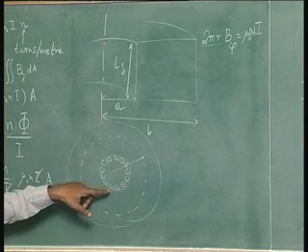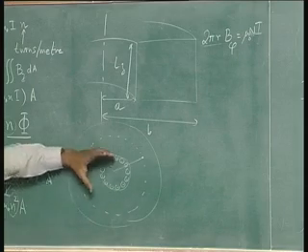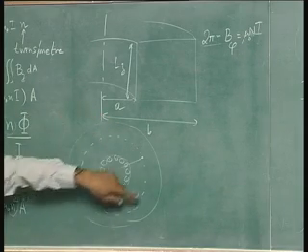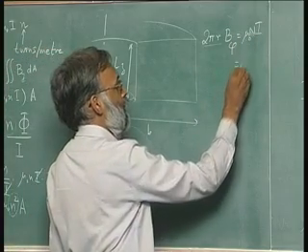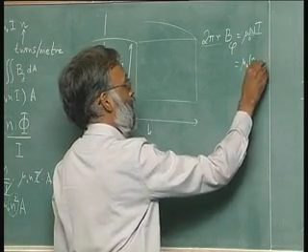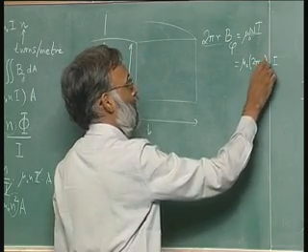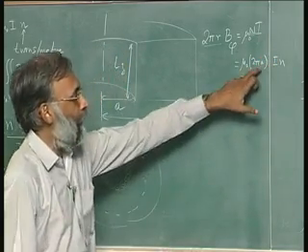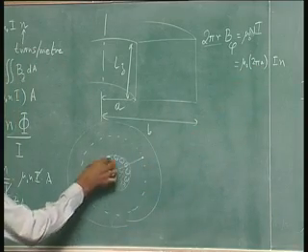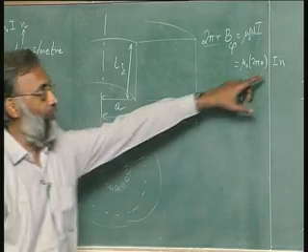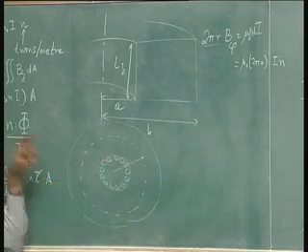So, the total number of turns, not the turns per meter, but the total number of turns is what is getting linked by this loop. So, I have put a capital N, and this capital N is equal to 2 pi a n, where 2 pi a is the circumferential length around the inner wall, and n is the number of turns at the inner wall per meter.